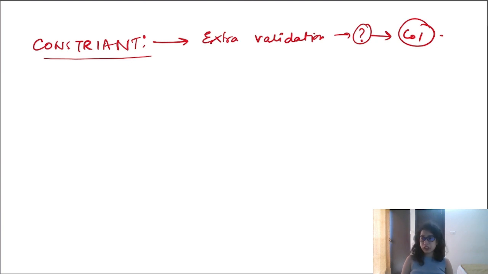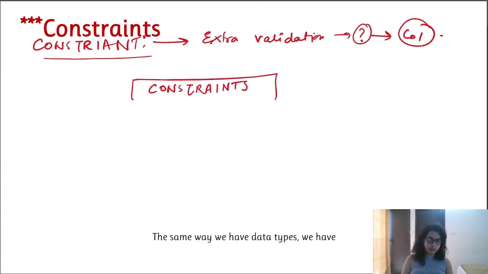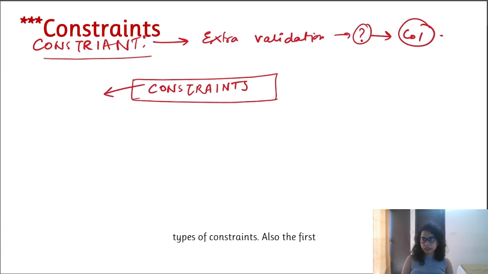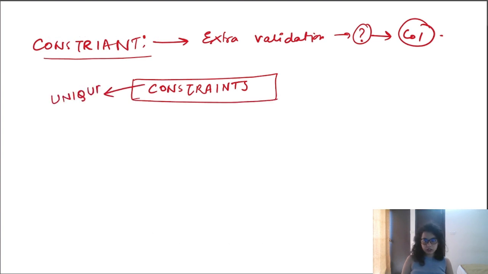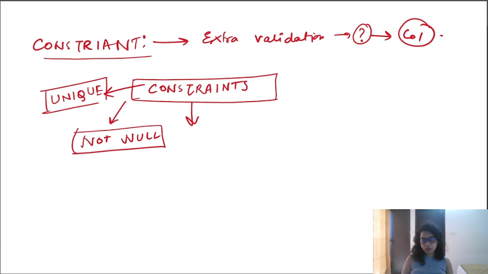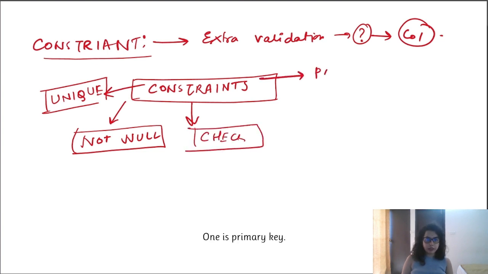Just as we have data types, we have types of constraints also. The first is unique, one is not null, one is check, one is primary key, one is foreign key.